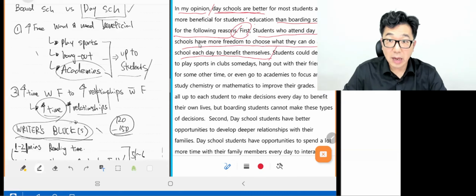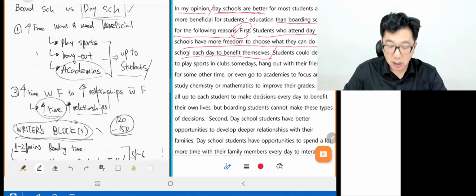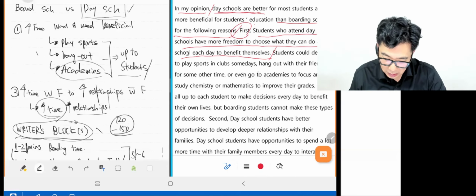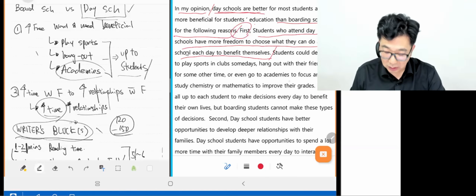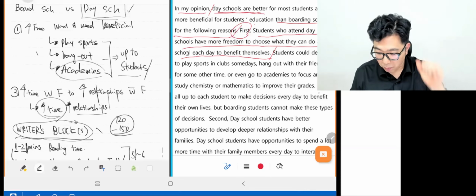Topic sentence. Okay, why one? Let's develop this a little bit. Students could decide to play sports some days. Other days, they can hang out with their friends to have fun. Or some other days, they could even decide to go to academies to study chemistry or mathematics to improve their grades. Then the paragraph's conclusion, make it more powerful.